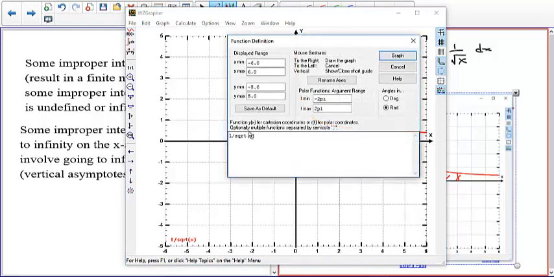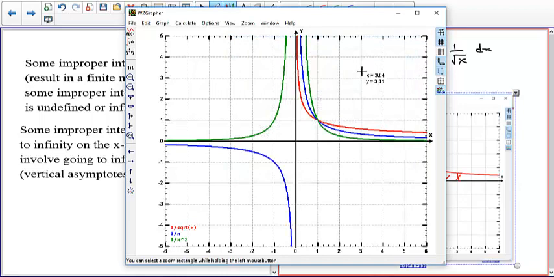So if I plot these 3 functions, 1 over the square root of x, 1 over x, and 1 over x squared, and I look at both how they approach the x-axis and the y-axis, you can see 1 over the square root of x approaches the x-axis slowly, and hence it has enough area to make the area go to infinity. 1 over x, which is the blue curve, has just enough.